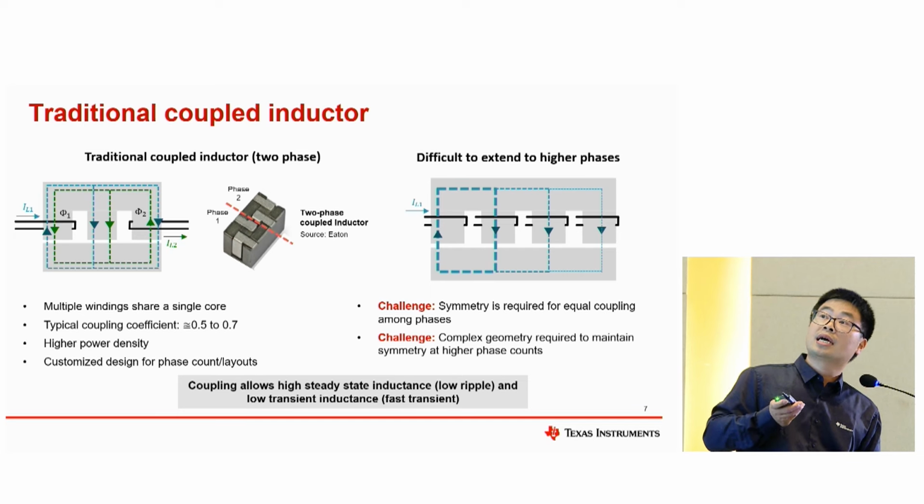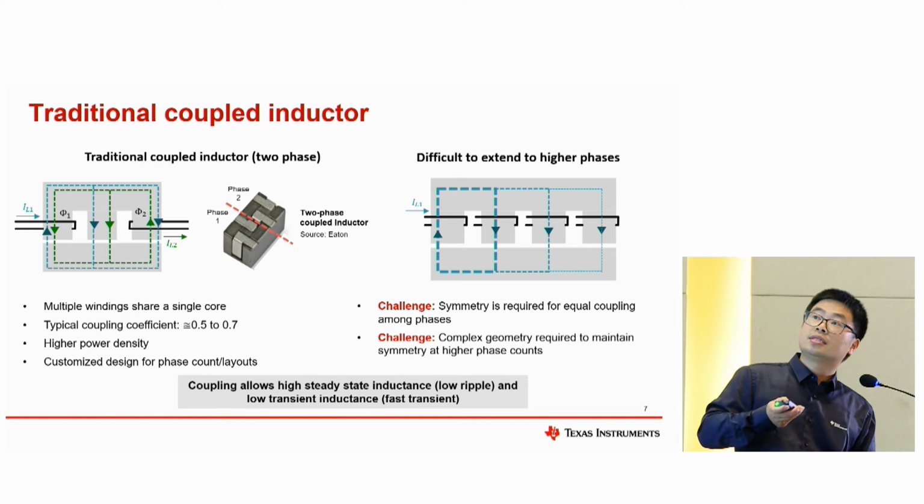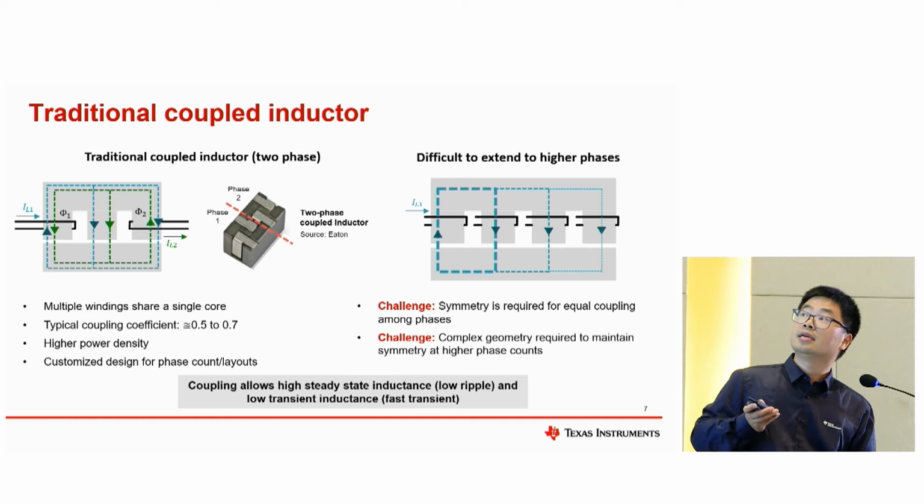Another thing is that these traditional coupled inductors have some flaws here. You can see this is just two phase, and if we extend to a higher phase count, like this four phase here, and just use this architecture, we can see that the coupling coefficients for this leg to this leg and this leg were not equal.